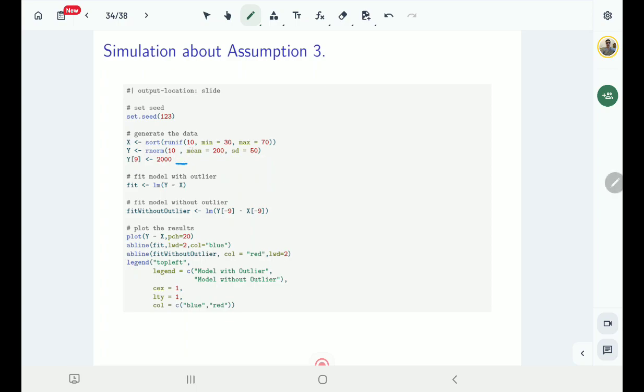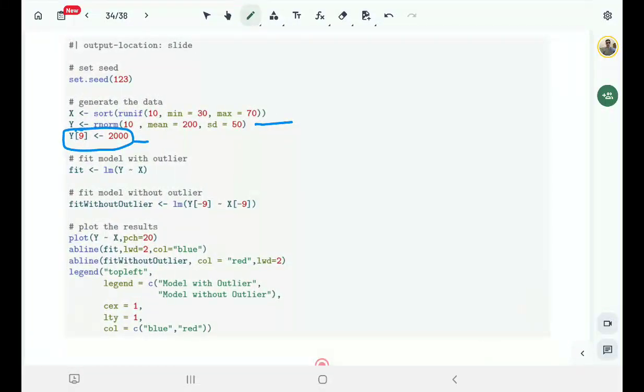You see, y itself is normal with mean 200 and variance 2500, but at some point you add a very large value to the y sequence. That is, you change the 9th value in the y vector, make it equal to 2000, and after you do that, we fit the model with the outlier of 2000.